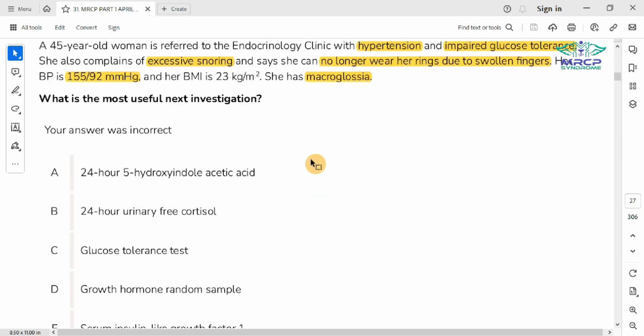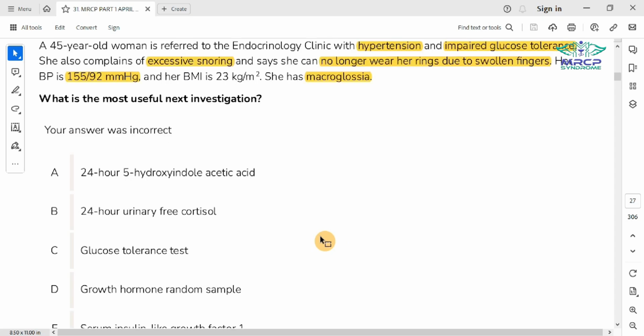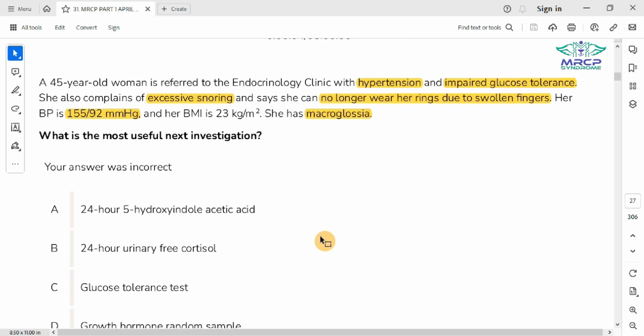What is the most appropriate next investigation? 24-hour 5-hydroxyindole acetic acid, 24-hour urinary free cortisol, glucose tolerance test, growth hormone random sample, and serum insulin-like growth factor 1. A 45-year-old woman is referred to the endocrinology clinic with hypertension and impaired glucose tolerance.